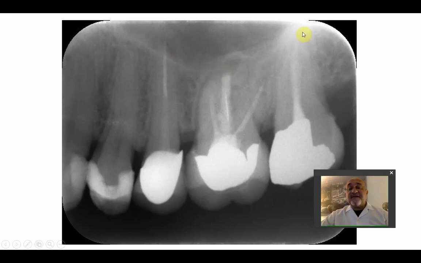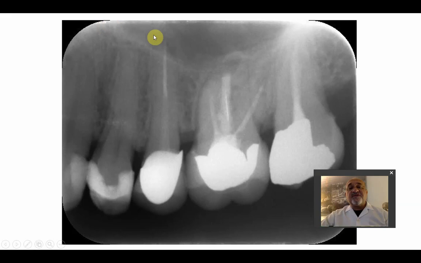The extension varies. Sometimes it goes to the level of the canine, sometimes it is located just posterior to the 5, sometimes it is V-shaped, sometimes it is scalloped, it goes up and down in between the roots of the teeth.